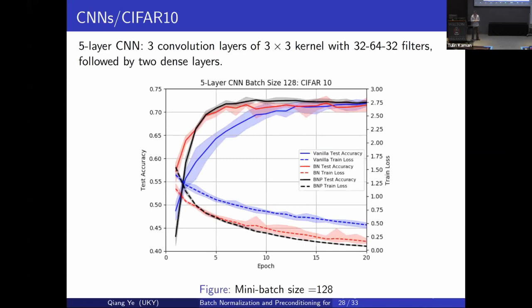Here's a 5-layer CNN: 3 convolutional layers and then 2 dense layers. We compare three things: the vanilla network, a plain network with nothing else; then BN, the batch normalization network; and then BMP, our preconditioning method.